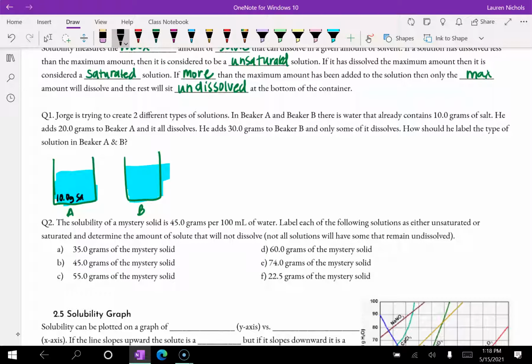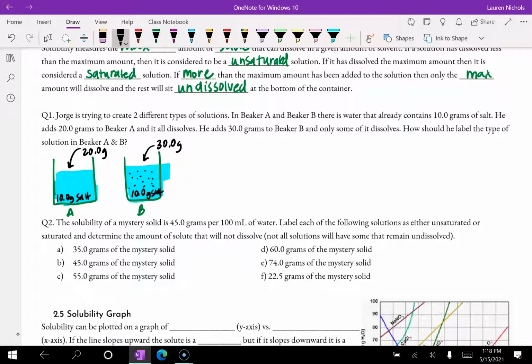So we have 10 grams of salt in each of these. Okay, good to know. So that's what we have. And it says he adds 20 grams to beaker A. Okay, so 20 grams gets added in there, and it all dissolves. But he adds 30 grams to beaker B, and only some of it dissolves. So that means there's some just kind of floating or sinking to the bottom here, not dissolved.